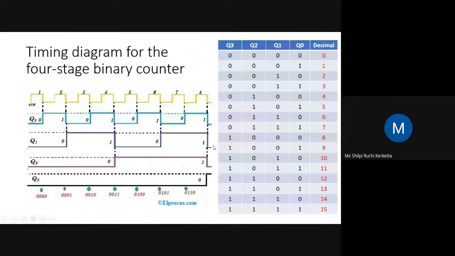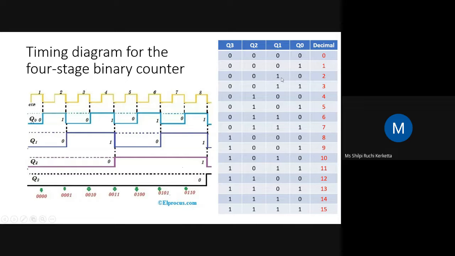You can see in the truth table it is only changing from 0 to 1, like it is changing only by one. But in the second bit, two zeros are coming and two ones are coming, then two zeros and two ones again. In the third bit we are getting four zeros and four ones. And here we are getting eight zeros and eight ones.